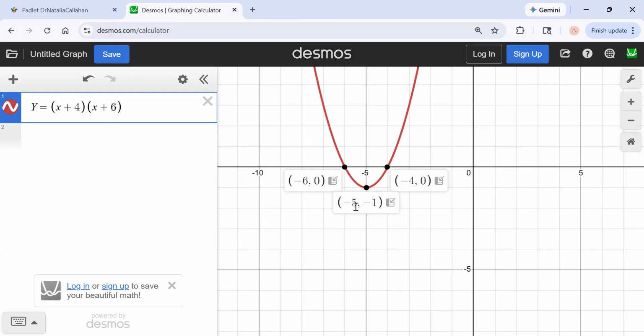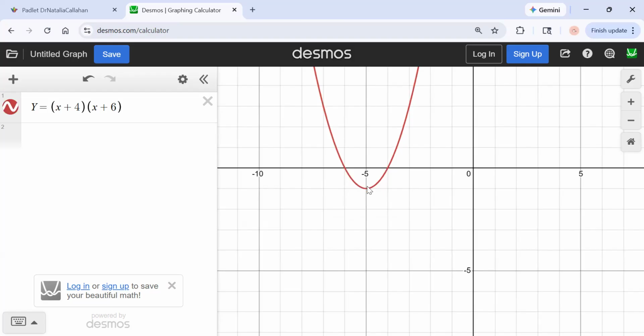That's your y-intercept. I'm sorry, that's your vertex. Negative 5, negative 1. Write that down. With your color pencil, draw dashed lines at x equals negative 5. So draw dashed lines here. Does that make sense?